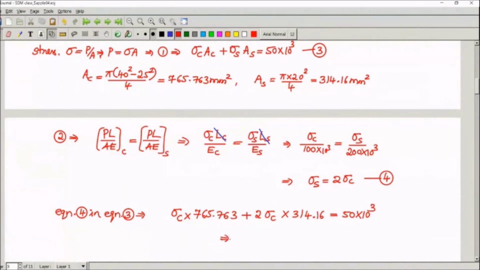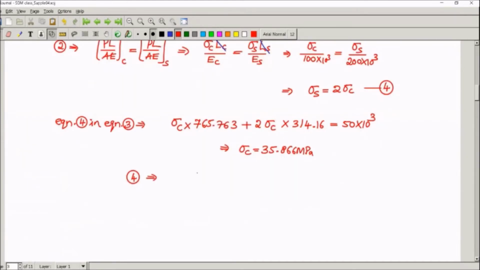When you solve this, you get sigma C as 35.866 MPa, and plugging this sigma C value into equation 4, you will get sigma S equal to 2 sigma C, which is 71.732 MPa. So we have found the stresses induced in each member.